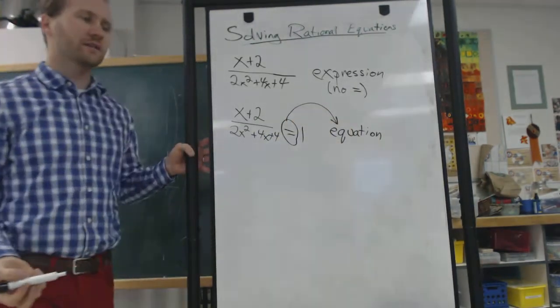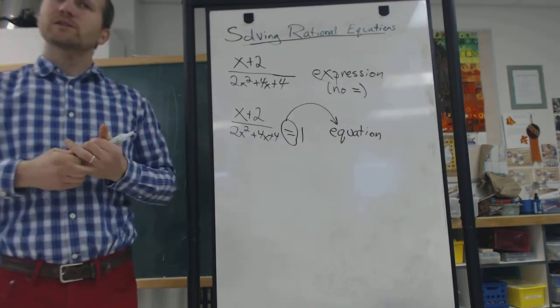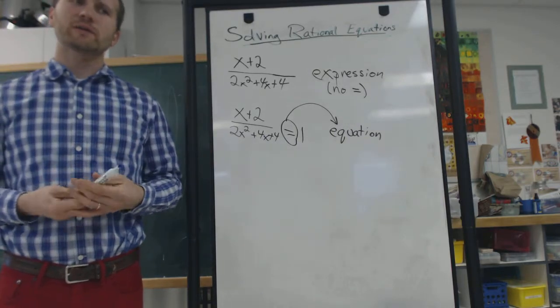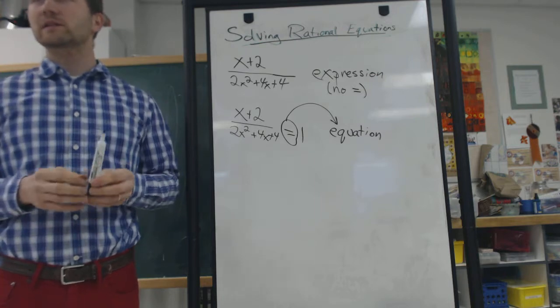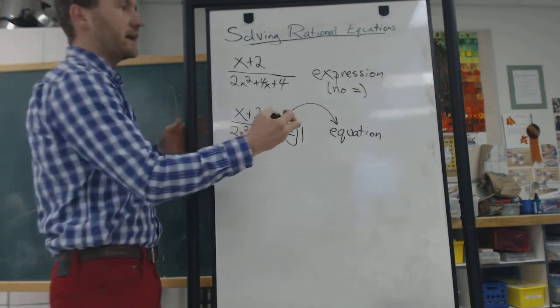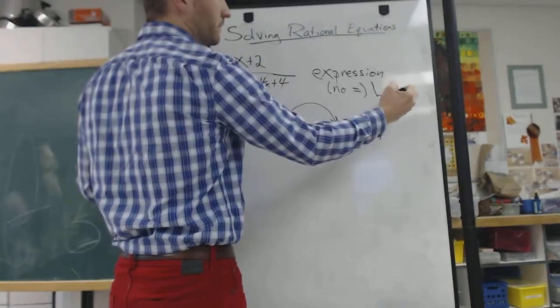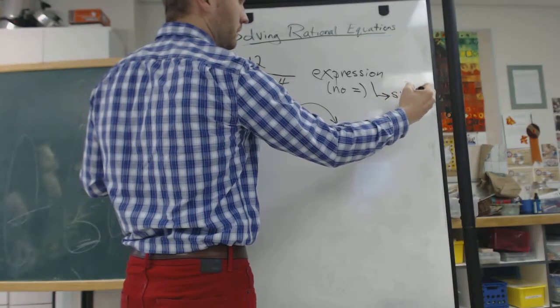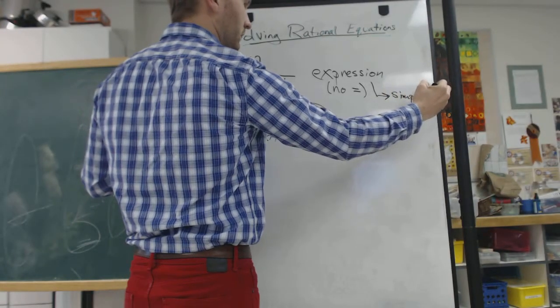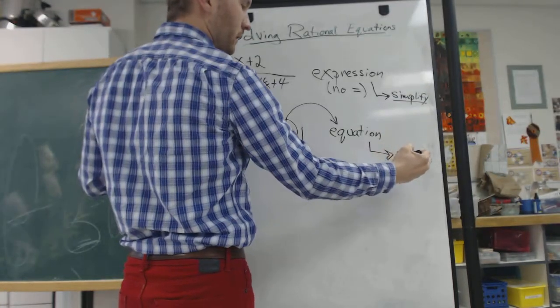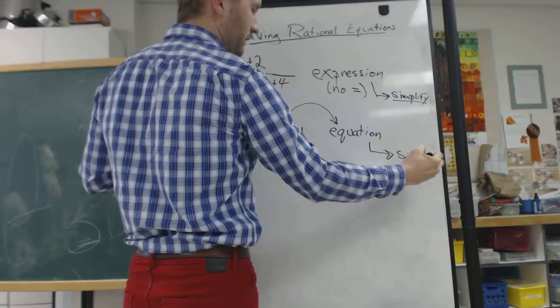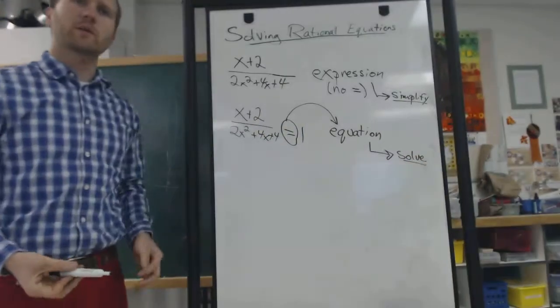Up until now, we've really been focusing mostly on rational expressions, and all you can do with an expression is simplify it. With an equation, we can typically solve our equation.